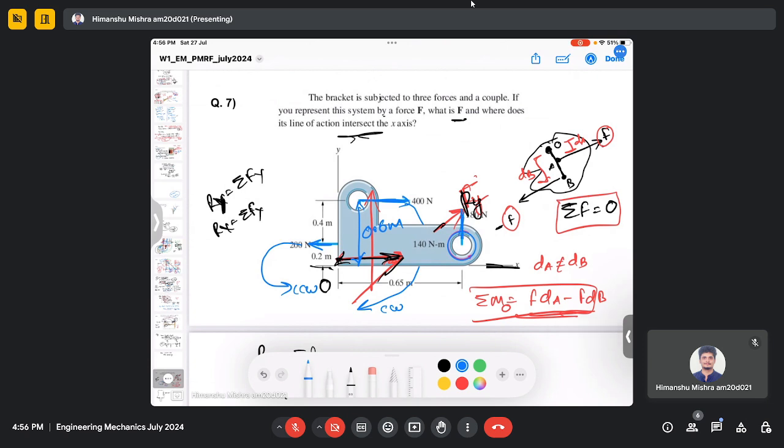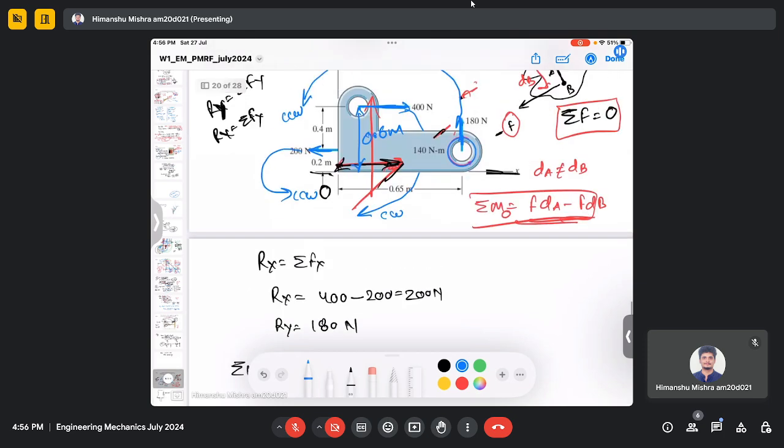Then there is a force, 180 Newton, and it revolves about point O in the counterclockwise direction. From the figure itself, we can see that the couple is in a counterclockwise direction.